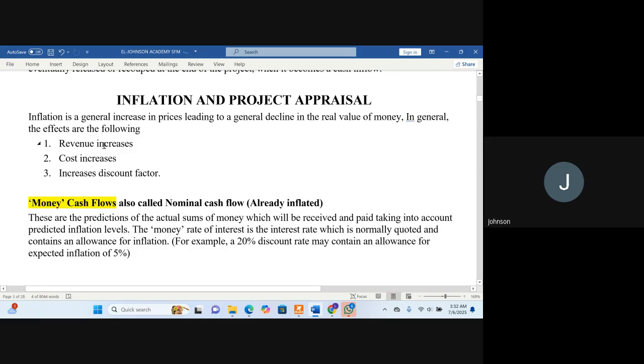Revenue will increase. Workers will start asking for more money, saying our salary is not enough. People selling in the market also increase their costs. There's an increase everywhere. The people lending money also increase their lending rate. So inflation affects everything. It affects revenue, it affects cost, it also affects the discount factor.